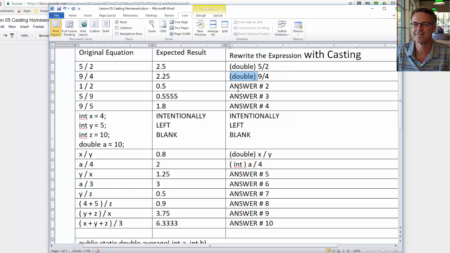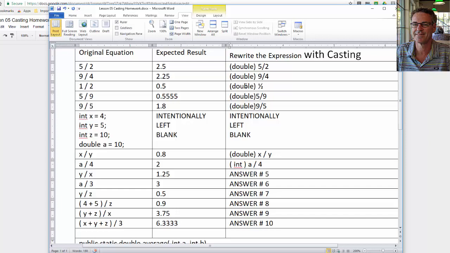Now we'll go over different ways to do it, but to follow with the answer, this is all I wanted from you. Okay? Casting. So cast the 1, and then cast the 5, and cast the 9. That's all you had to do.